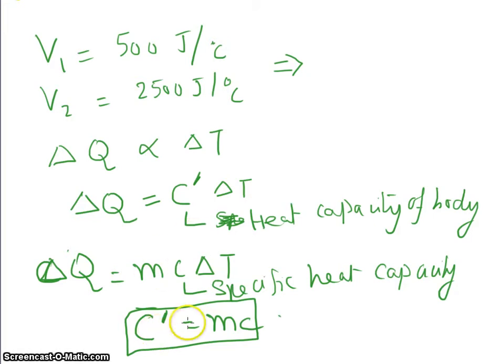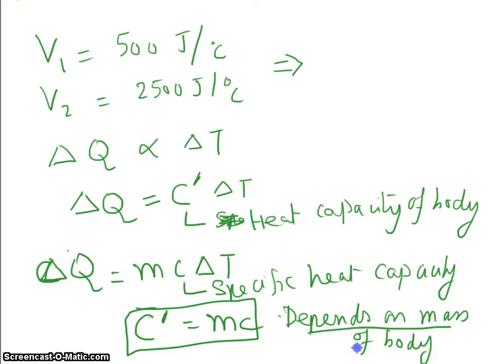So heat capacity depends on the mass of the body. That's the other key deduction that you need to remember, apart from its unit, which is joules per Kelvin.